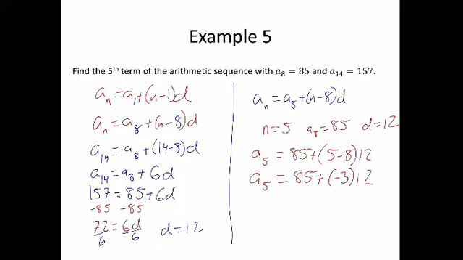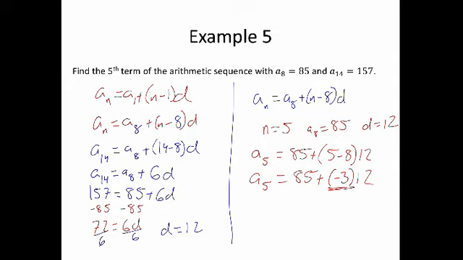I'm going to pause here, just like I was paying attention to the 6 earlier. The significance of this negative 3 is that if we know the 8th term and need to go to the 5th term, we have to go 3 steps back. Really, to be a little more casual, you could have just subtracted 12 three times to get back to our 5th term. But I wanted to show you how this equation works a little bit better.